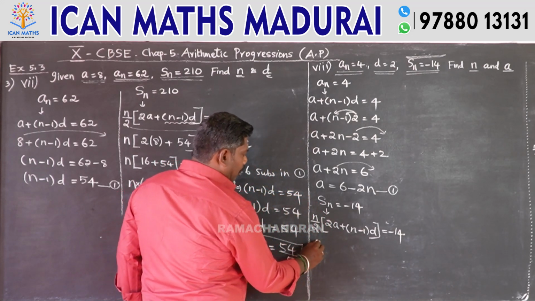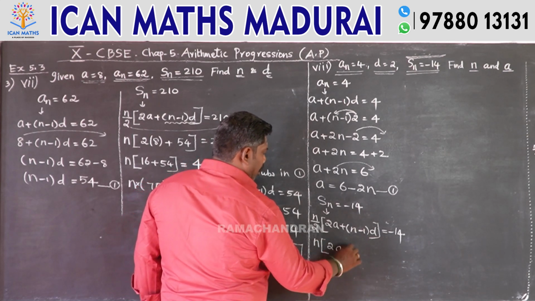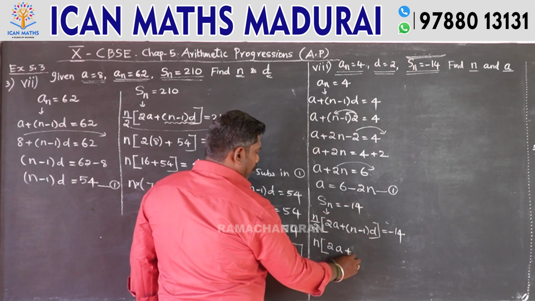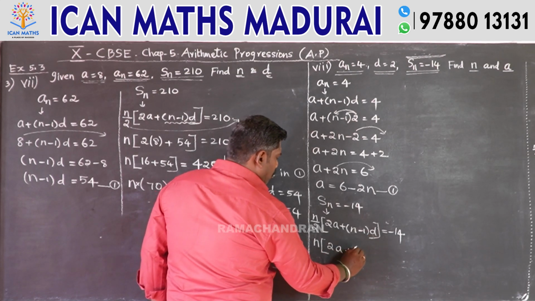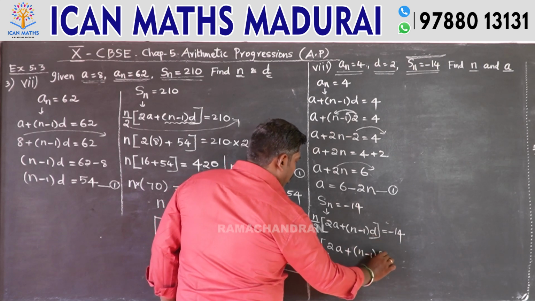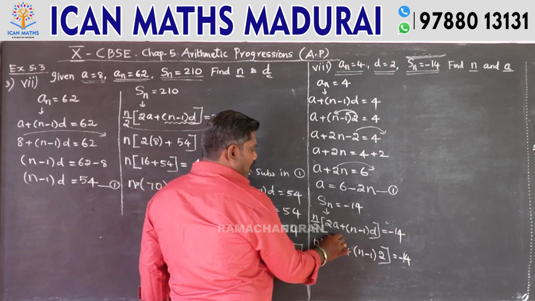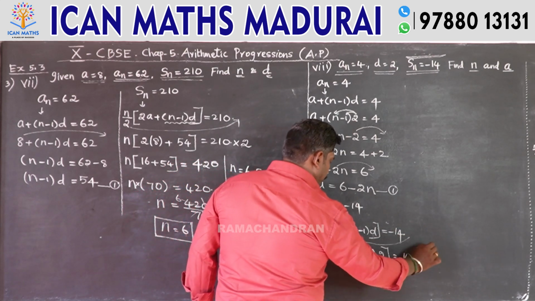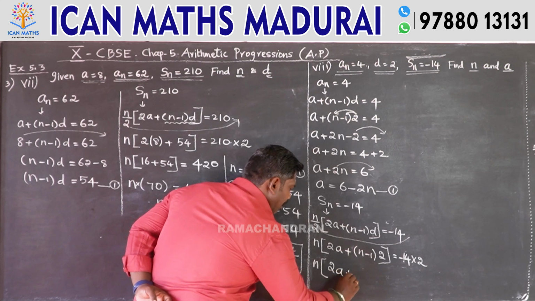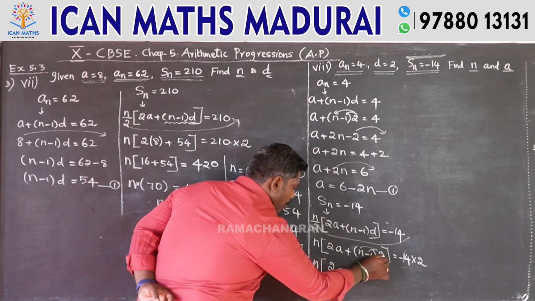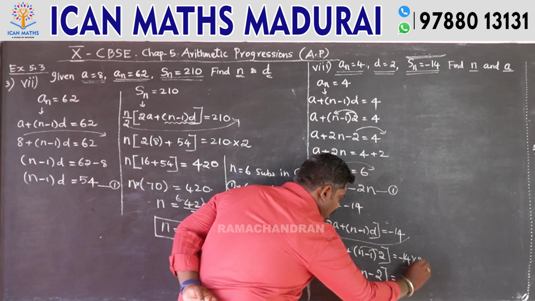We know the value of d is equal to 2, so (n minus 1) into the common difference value 2 is equal to minus 14. This division by 2 changed into the right hand side becomes multiplied by 2. Now we have n into (2a plus (n minus 1) into 2) is equal to minus 28. We multiply here: 2 into n, 2n; 2 into minus 1, minus 2.